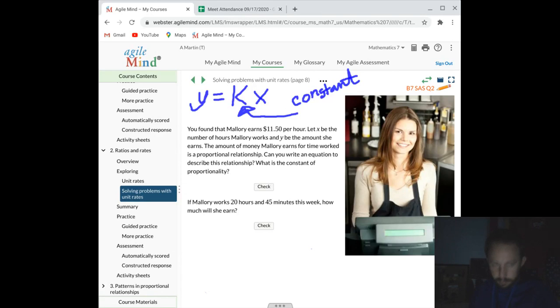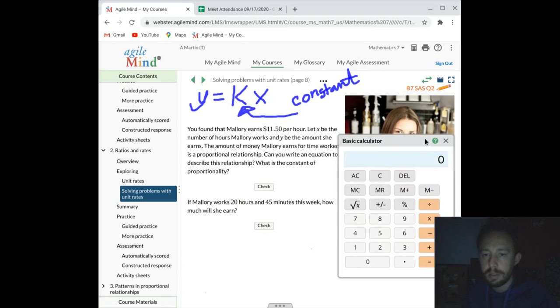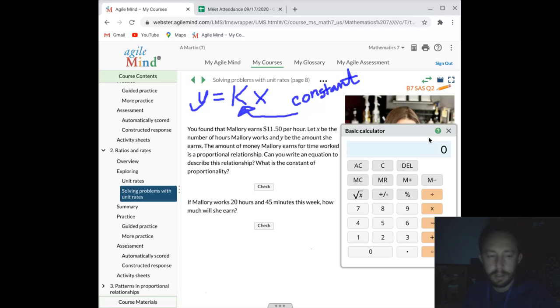Well, I know how to solve the bottom one, I think. Okay, tell me what you did. So I think that 20 hours and 45 minutes is 20.75. How'd you get 20.75? What'd you do? Well, I know that there's 30 minutes in an hour.